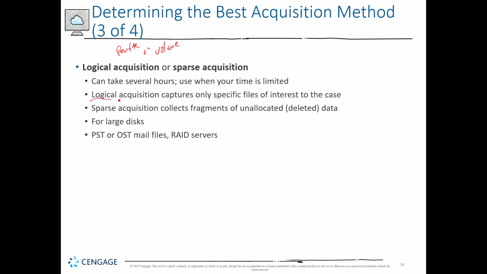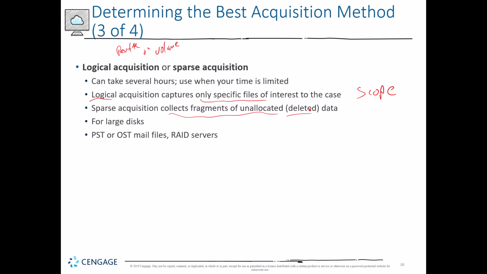The logical acquisition captures only specific files of interest or based off a scope. The sparse acquisition collects fragments of unallocated, also known as deleted data space. So the logical acquisition is specifically going to capture whole files, things that are inside the scope of it, but sparse acquisition are going to be the fragments.